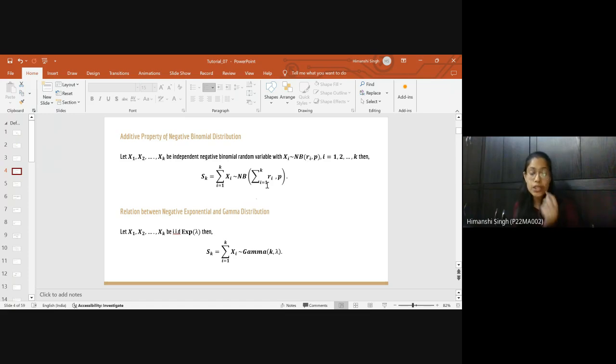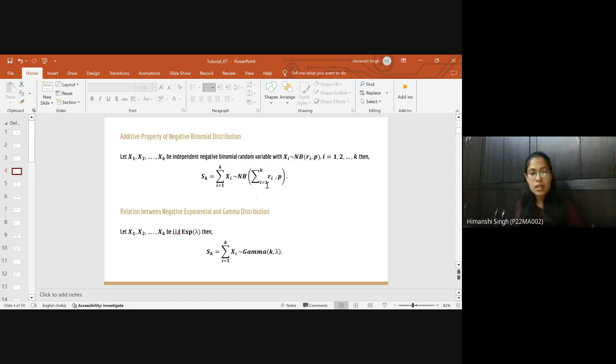Basically, the exponential distribution counts the time required for the first arrival. So Xi counts the time required for the first arrival. However, the summation of Xi will count the time required for the kth arrival, which was modeled by the gamma distribution, and here the rate will be lambda only.